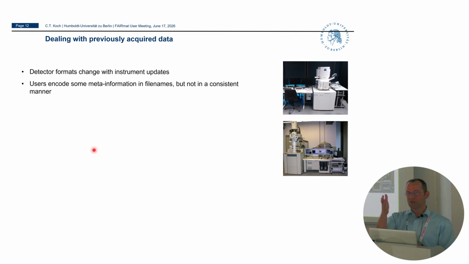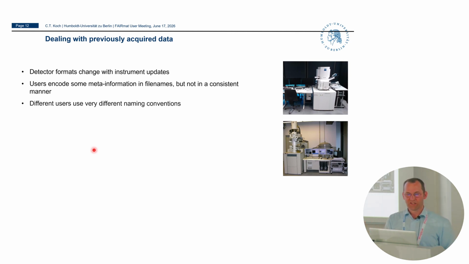So Markus Gruber, who's sitting in the audience here, has really invested a lot into even understanding all these different formats because there's no documentation about it. And then of course also how people store their data, the meta information. I mean, if they keep a paper logbook, that typically is not accessible anymore if it's from 10 years ago. And if they store some sample information in the file name, everybody does it differently.